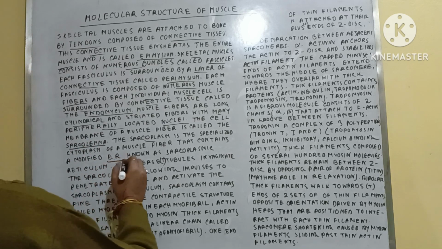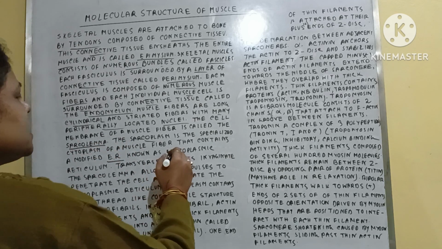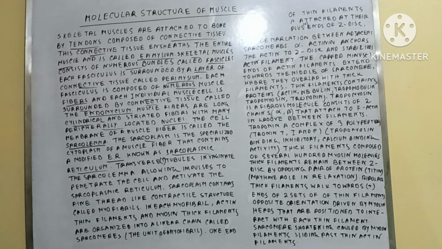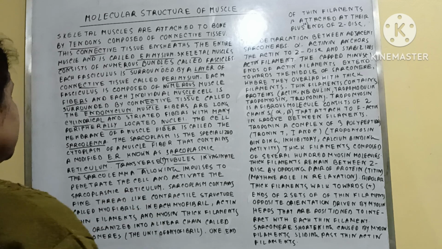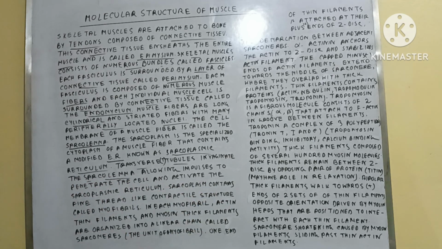Clear? Next, an endoplasmic reticulum-like structure is also present in the muscle cell. This is called the sarcoplasmic reticulum. Next are the transverse tubules, the T tubules. These invaginate the sarcolemma, that means they are present in the region of the sarcolemma.